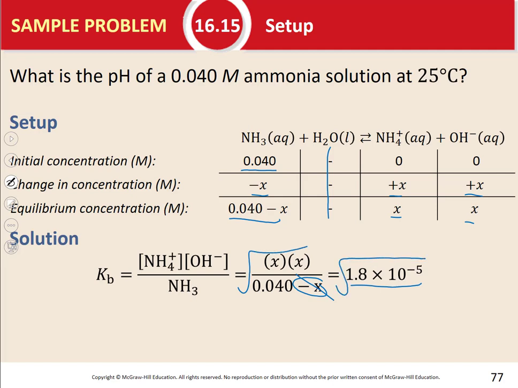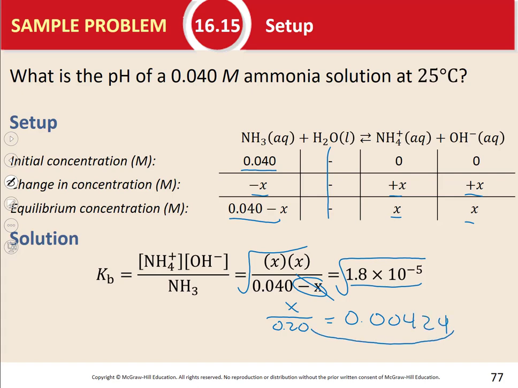So square root of X times X is just X. Square root of 0.040 is 0.2. I should have known that. And square root of 1.8 times 10 to the negative fifth is 0.00424.